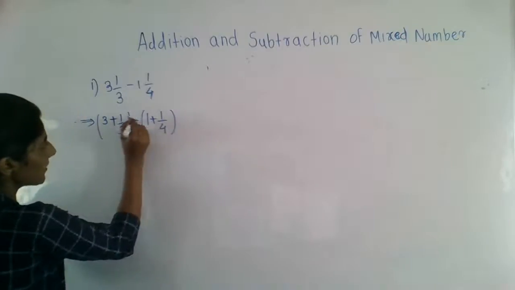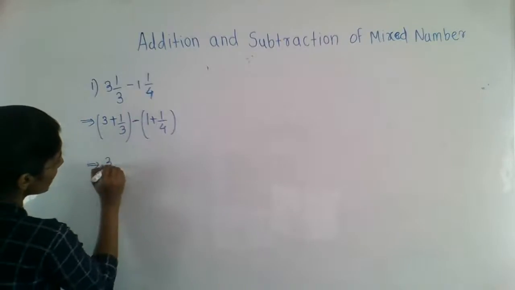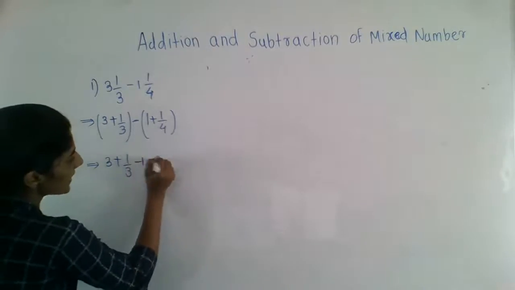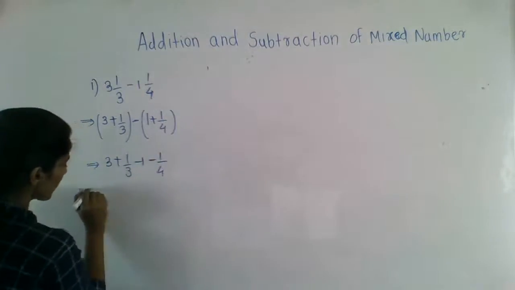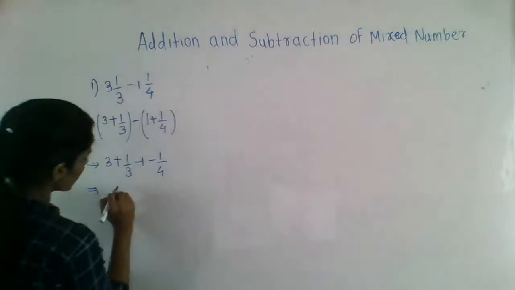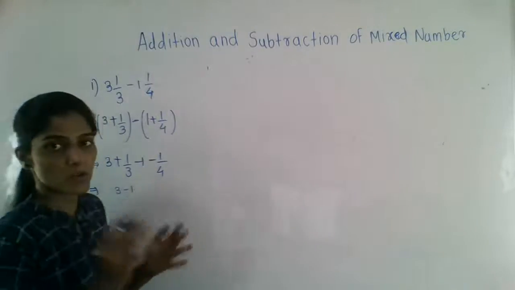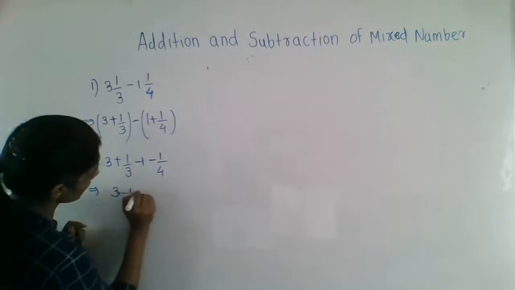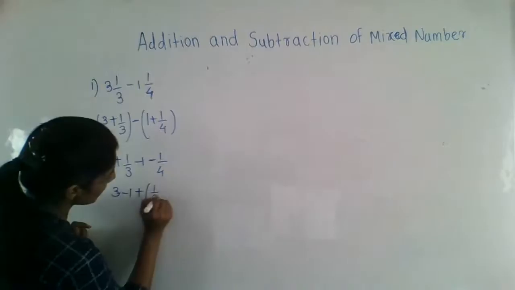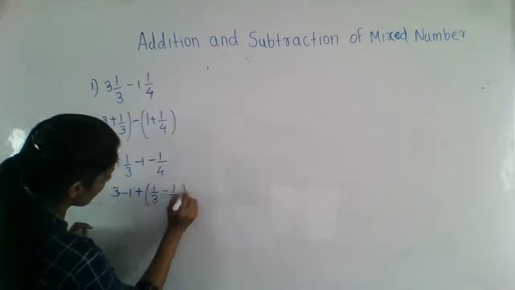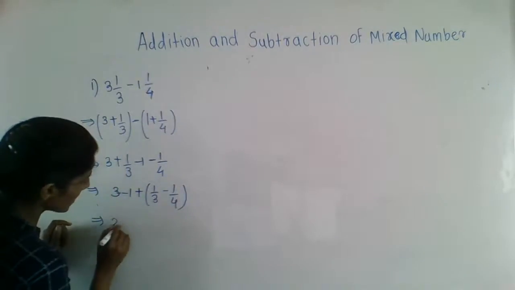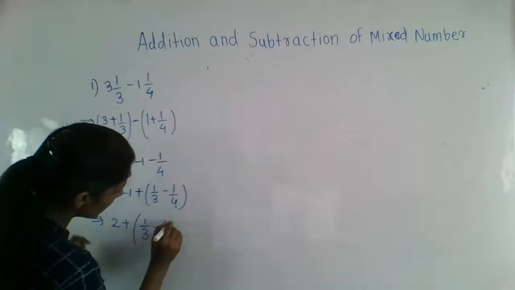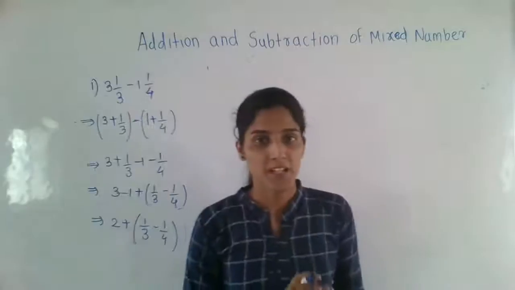Here we have to subtract. How can we write it? 3 plus 1 by 3 minus 1 plus 1 by 4. Now subtract these numbers: 3 minus 1, that is 2, plus we have to subtract the fractions, which we do by cross multiplication.